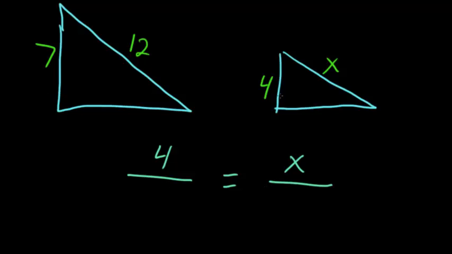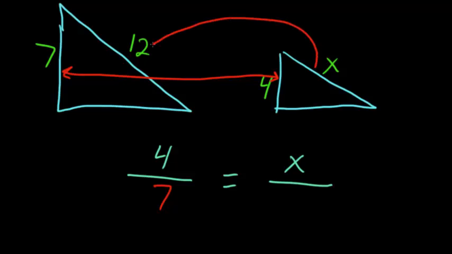And then over here, I need to go to the corresponding side. So this side and this side are in the same location on the triangle, so they are corresponding. So since the 4 is on top here, the corresponding side has to be on the bottom. So 4/7. And since the x is in this spot, I need the corresponding number, which would be 12.